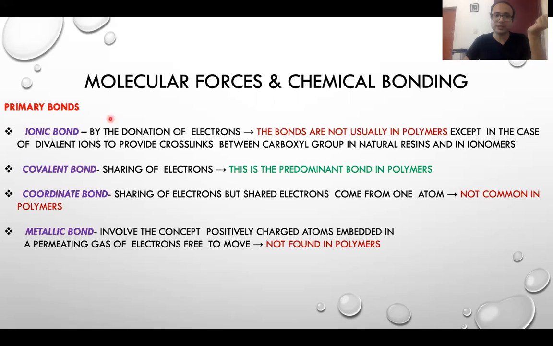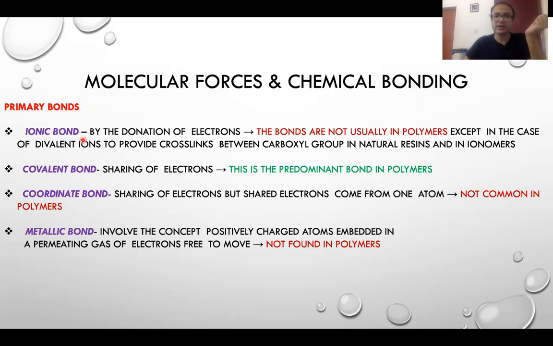So there are two types of bond that are possible. One type is the primary bonds that are responsible for the macromolecules. Let us look into the various primary bonds that can be possible in different types of polymer. Here when I talk about polymers, I'm not just talking in general about organic polymers, but also inorganic and other forms of polymers as well.